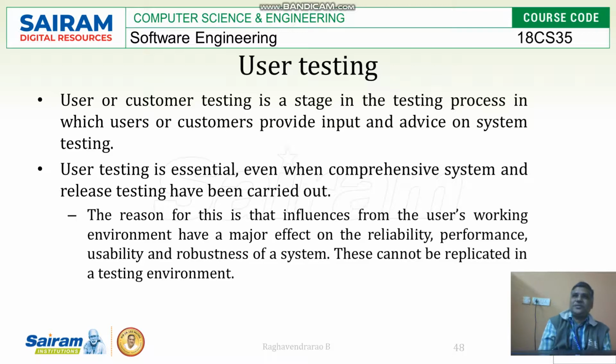Okay, so testing is a very essential thing, and it is carried out in the environment where the user is going to test this particular product. When he tests, he always believes that it has good reliability and performance, that the system is usable, and that it is robust. All four features are going to be expected by the user.